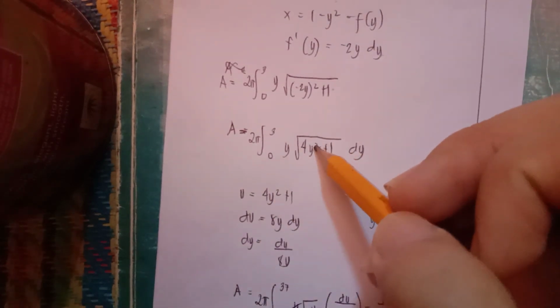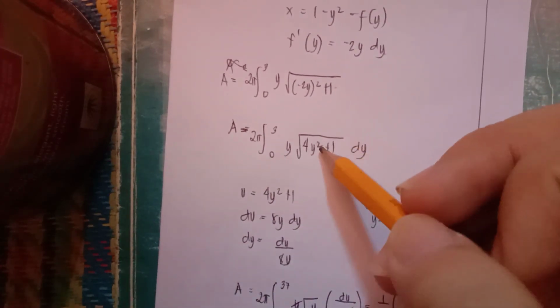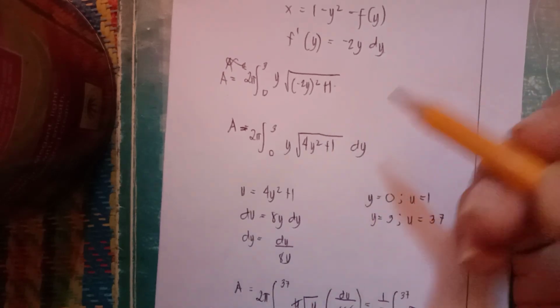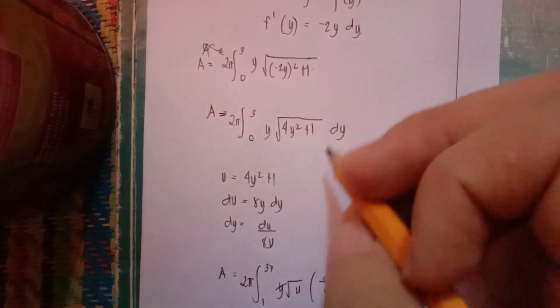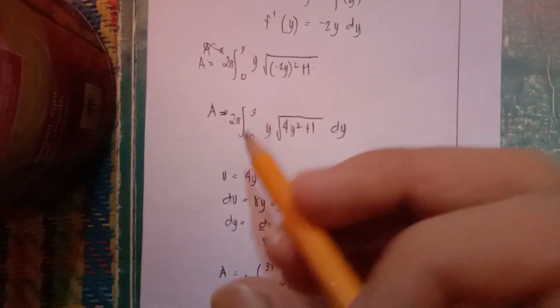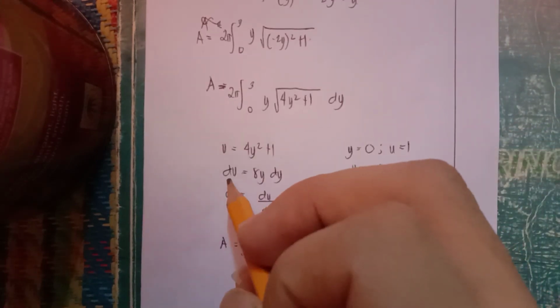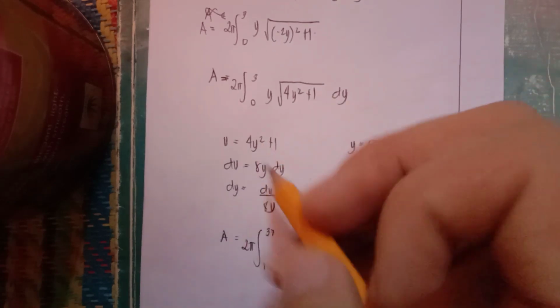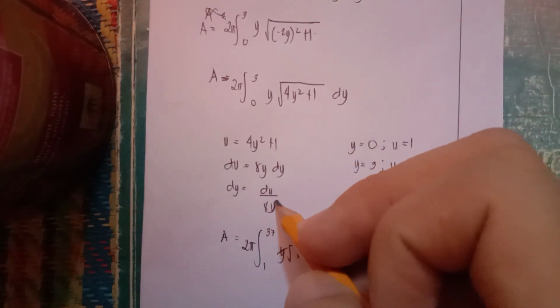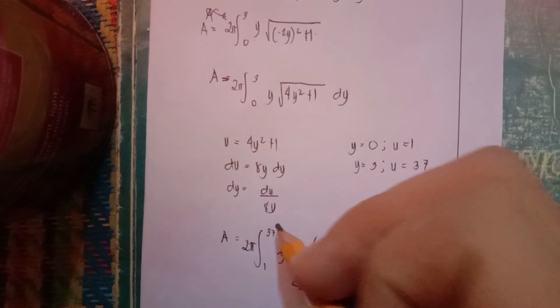So here, the inside is squared, so we can use u substitution. Our u is 4y squared plus 1, du is 8y dy. So our dy is du over 8y.